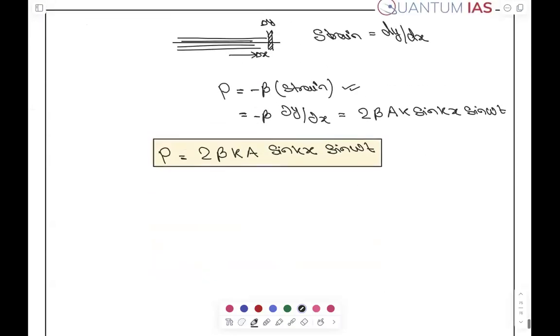Now what we can conclude from here, what will be p max? p max छोड़ो, मुझे बताओ नोड और एंटी नोड का. So first thing I can say that it is in same phase with displacement, yes or no?